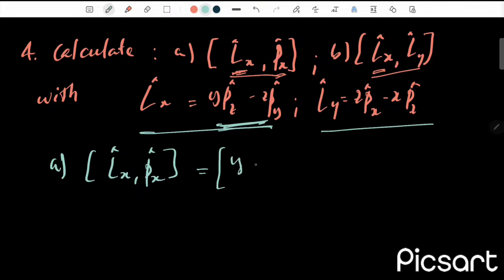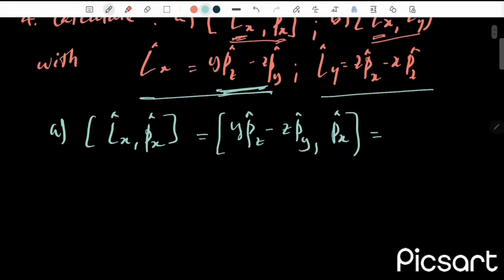Then we will substitute here. We have y pz minus z py, and px.